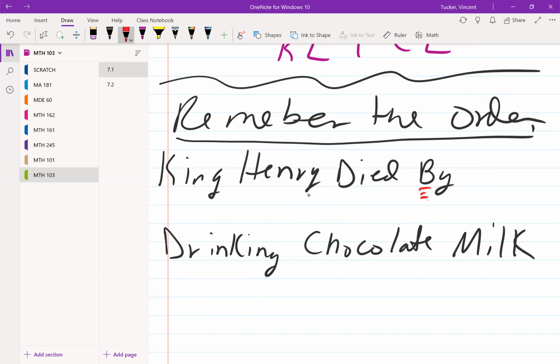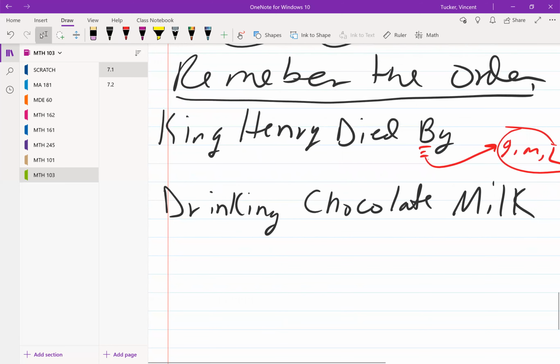So that's kilo, hecto, deca. B is your base. So where that B is, is where you would put grams, meters, or liters. And then drinking is deci, C is centi, and M is milli. You have to remember the order, because once again, you're just going to be moving your decimal place accordingly to the right or left.